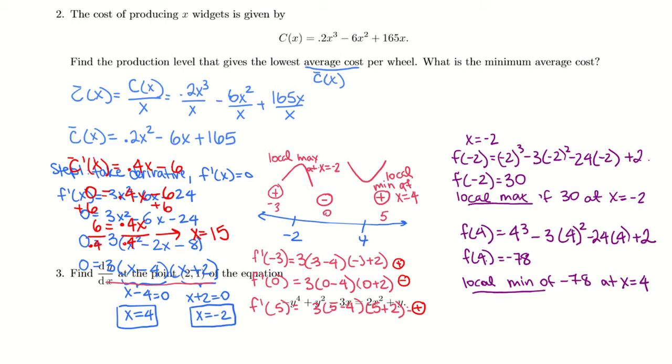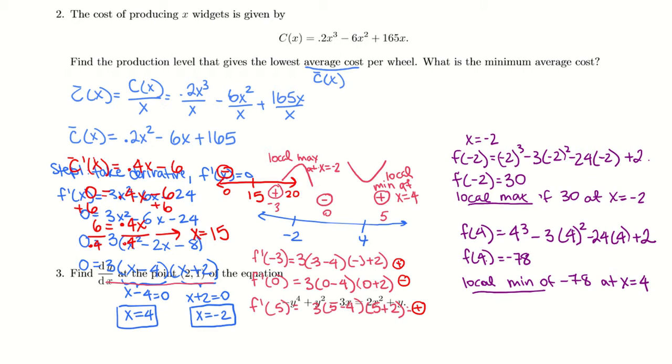Right now we only know that that's a critical point. Let's make sure that it is a minimum since we're trying to minimize cost. So on a number line, put 15 and then a number either side, so 0 and 20. If we plug in 0 to this c bar prime function, that would be 0.4 times 0 minus 6, so negative 6, so on this side of 15 we're negative.